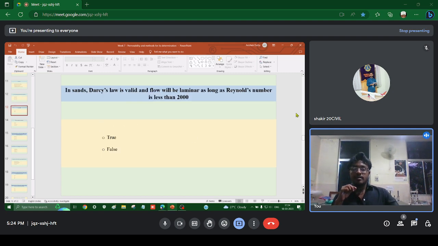Another true false statement. In sands, Darcy's law is valid and flow will be laminar as long as Reynolds number is less than 2000. True or false?